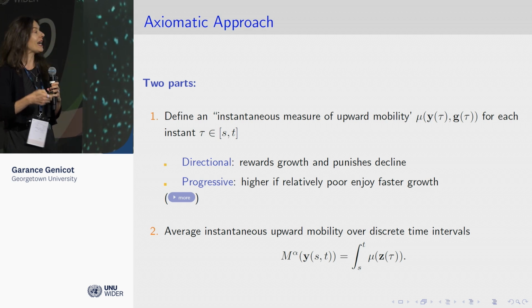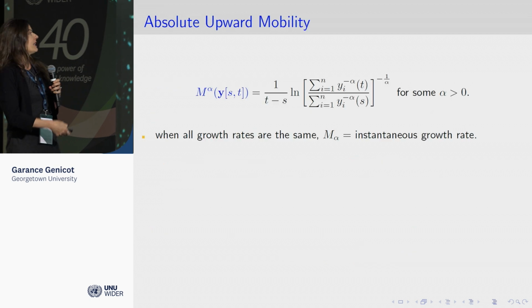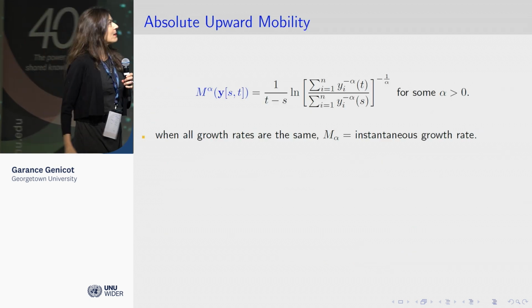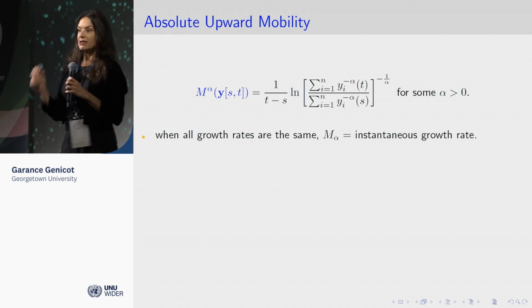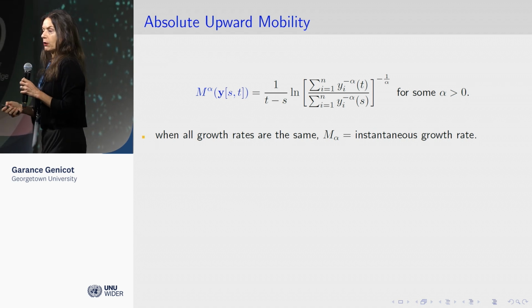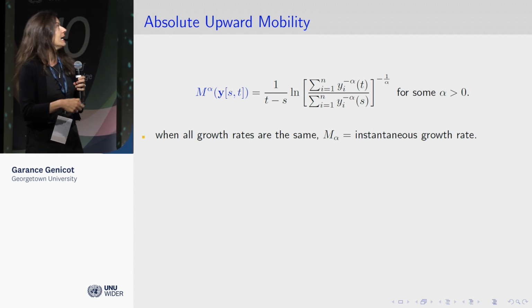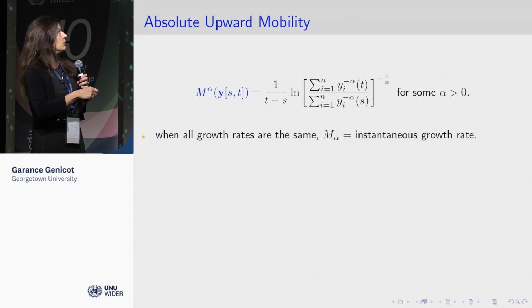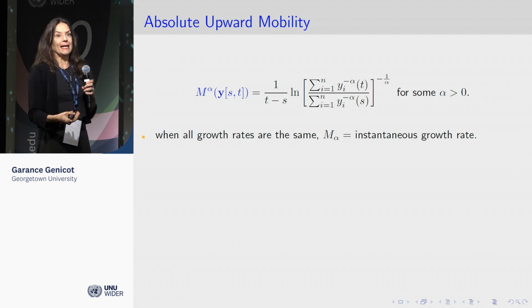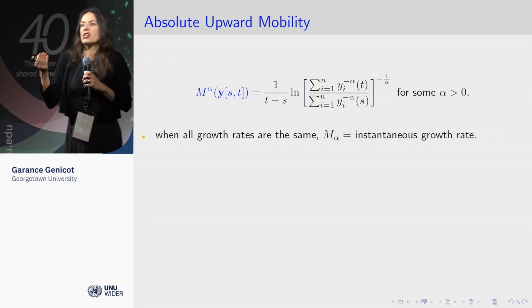Okay? So when I do that, what do I get? What I get is a measure of absolute upward mobility. What we see is that this measure is going to essentially be similar to a measure of growth.